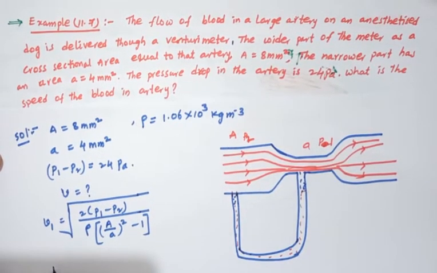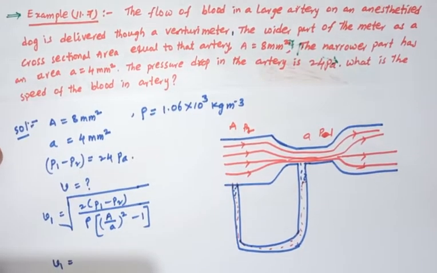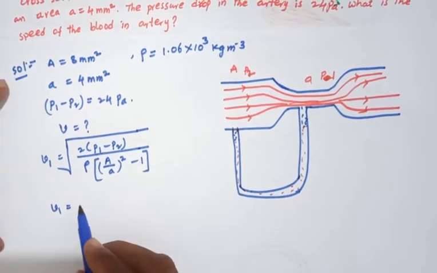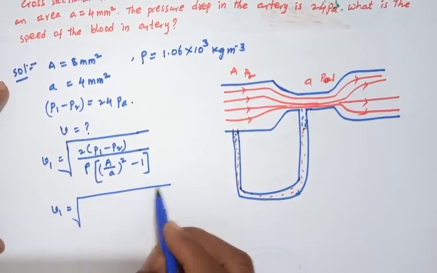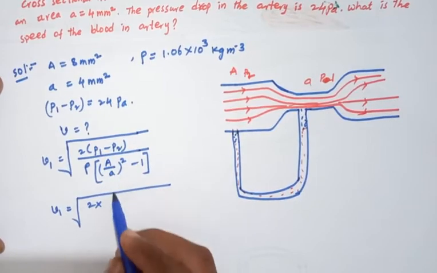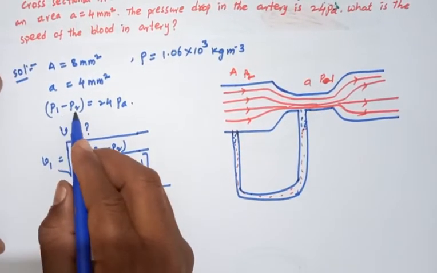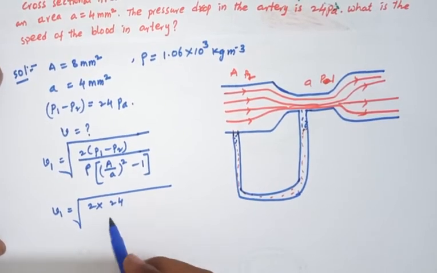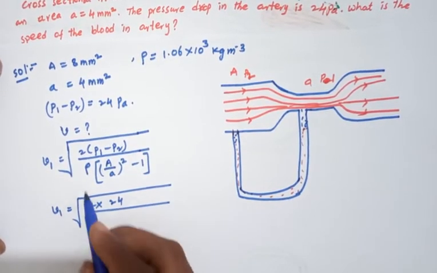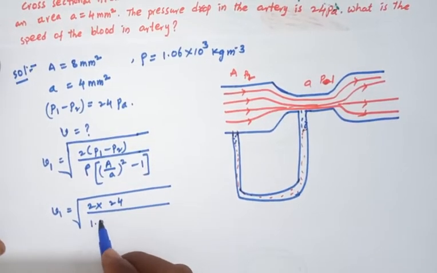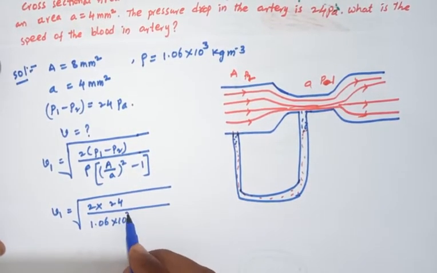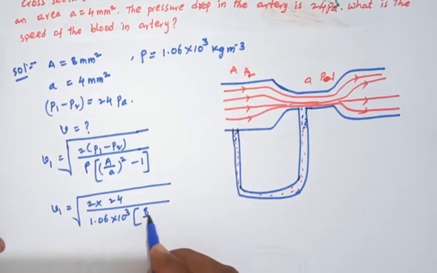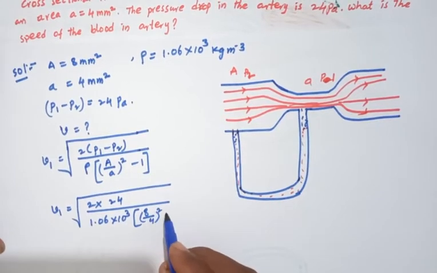We can substitute here: V1 equals square root of 2 into P1 minus P2 equals 24, divided by rho equals 1.06 into 10 to the power of 3 into capital A by small a, 8 by 4, whole square minus 1.